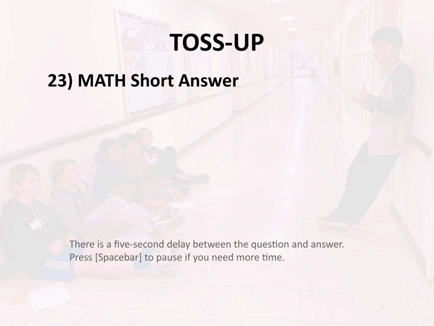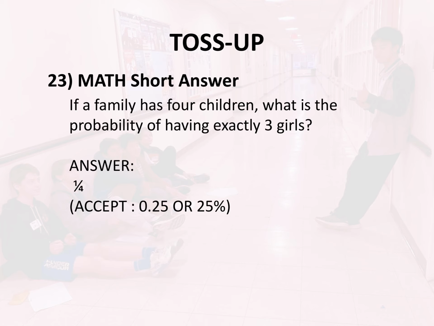Toss-up, 23. Math. Short answer. If a family has 4 children, what is the probability of having exactly 3 girls? Answer: 1/4.